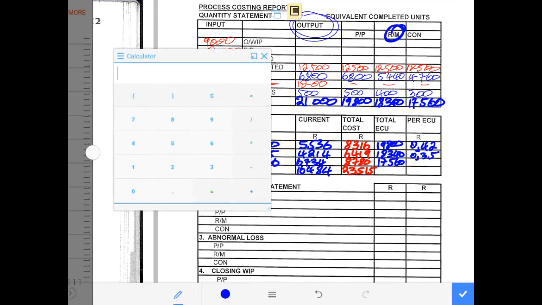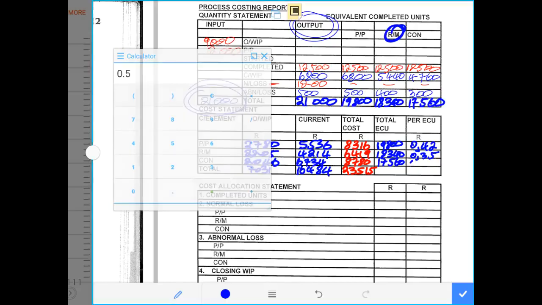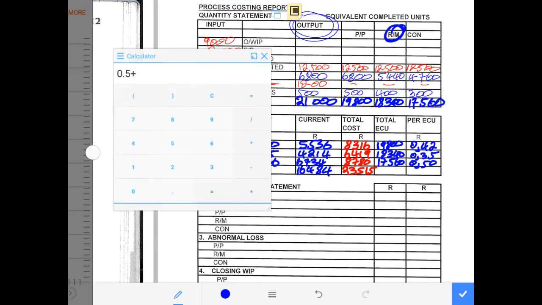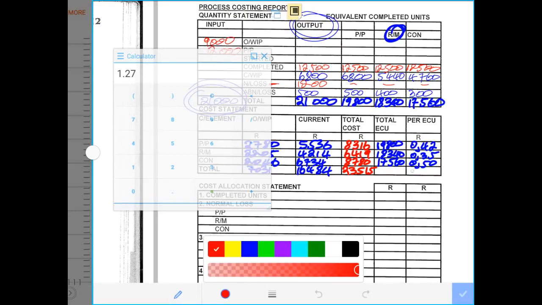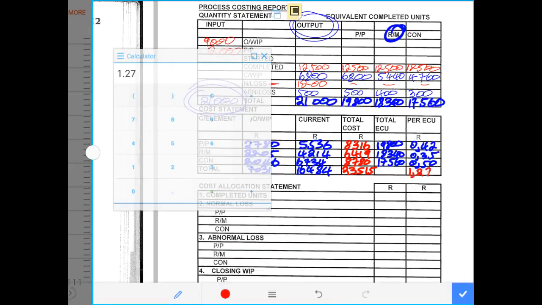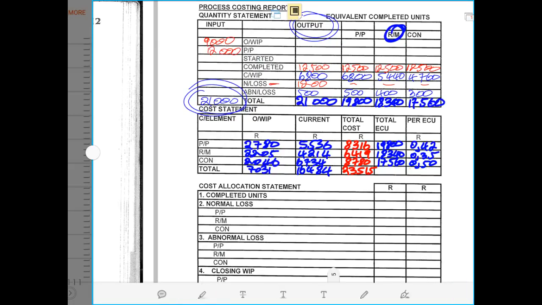The next one is 8,780 divided by 17,560. It gives us 0 rand 50 cents. And the total will be plus 0.35 plus 0.42, and it gives us 1 rand 27 cents. That is the total cost per unit.